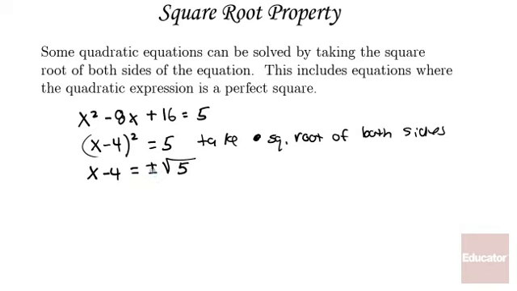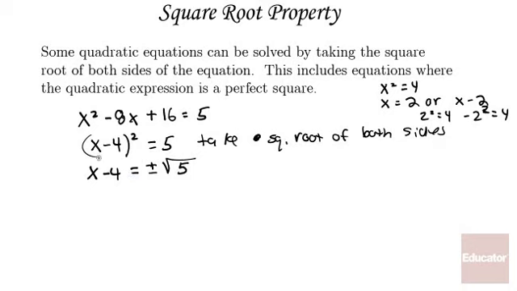Recall that you need to take both the positive and negative square root, because if you had something such as x squared equals 4 and you took the square root of both sides, x could equal 2 or x could equal negative 2, because 2 squared equals 4 and negative 2 squared equals 4. So it's the same concept here. It looks more complex, but it's the same concept.